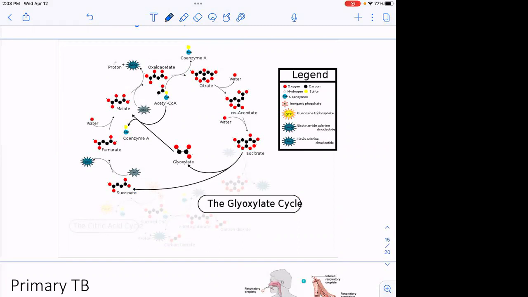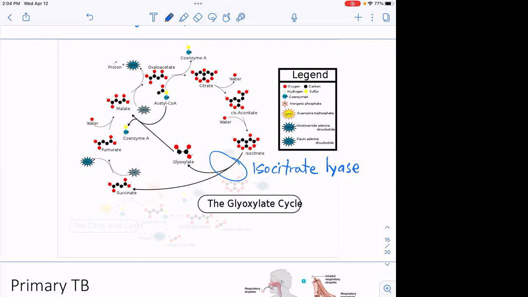If you remember the main idea there, they found that when Mycobacterium tuberculosis is inside a macrophage, they upregulate the production of this enzyme here, isocitrate lyase. So that's how they know that they're using the glyoxylate cycle.